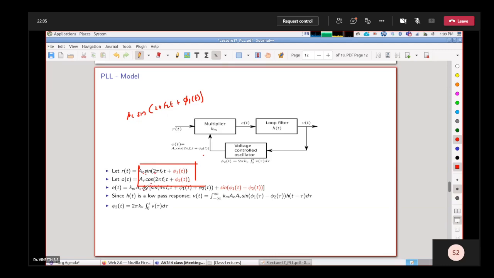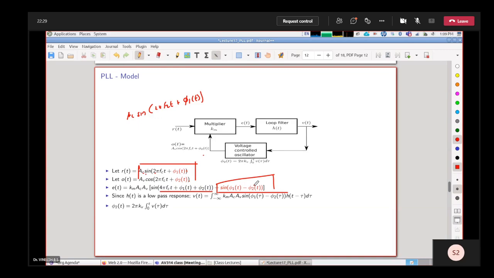Now, E of t is the product of these two things. It is KM AC AV times the high frequency term plus this red term here, which is what is important. This is what we use to compare the phases between R of t and O of t. Is this clear?